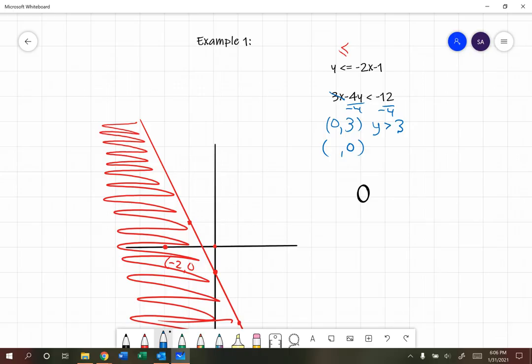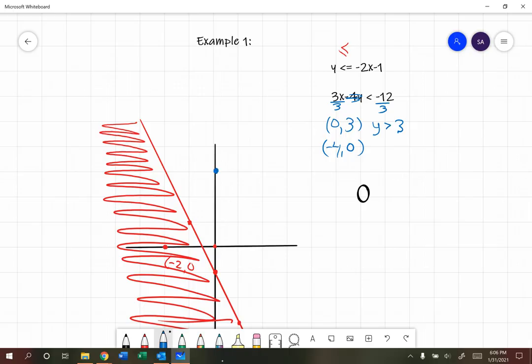I have a 3 here. And if I went through and put a 0 in for y, and then I divide by 3, I get a negative 4. So my 2 points that I'm going to graph: on my y-intercept, I'm going to go up to 3.